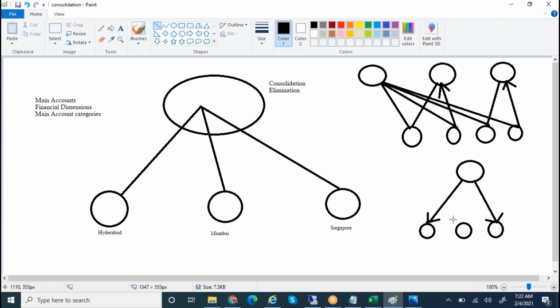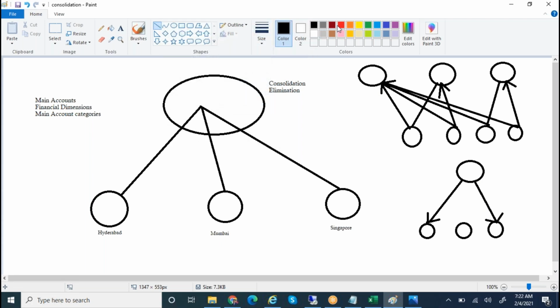From parent to child, you cannot define. Once again, I cannot create one more parent. Here we are mapping child to parents. So in this, child companies may have multiple parents. Whereas in this design, if you have a parent and you are creating a child, and I want this child to be mapped to some other parent, it is not possible in the system.